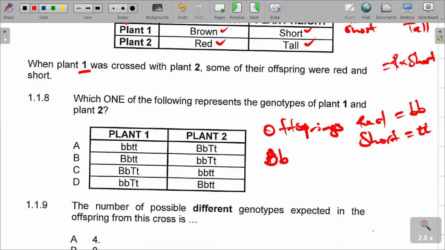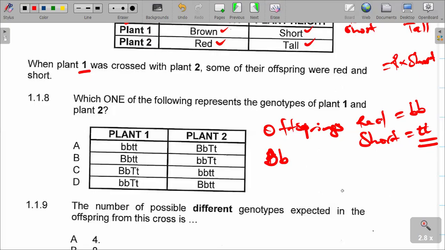And then plant 2 is red, recessive, so its genotype is going to be bb. For us to produce an offspring that is short, both parents must contribute a recessive t also.